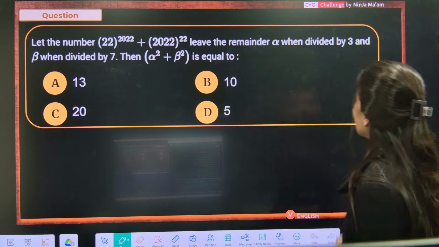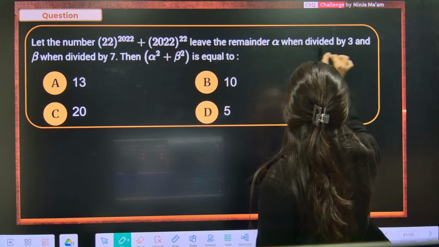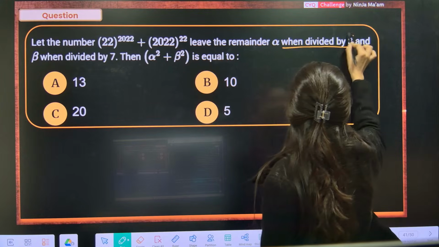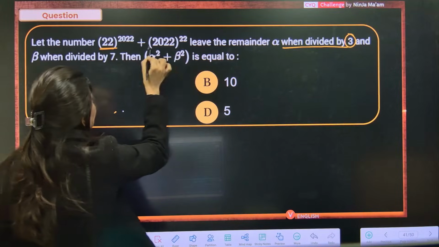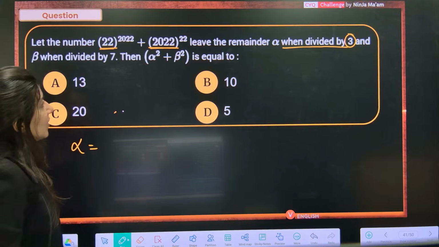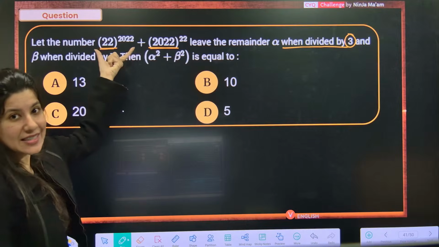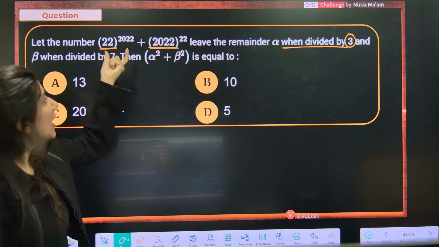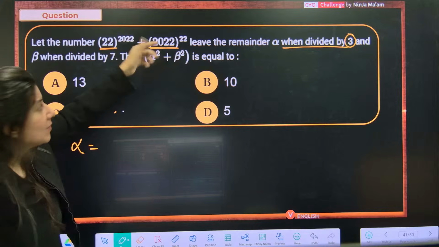Now please understand, if you want the remainder when the expression is divided by 3, all you have to do is go with the base. Focus on the base, forget about the power for the time being.